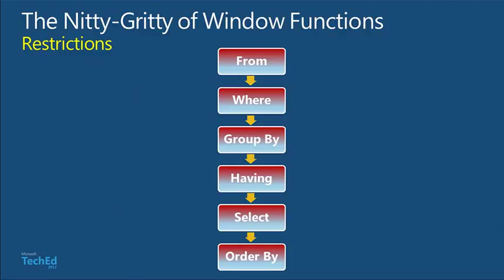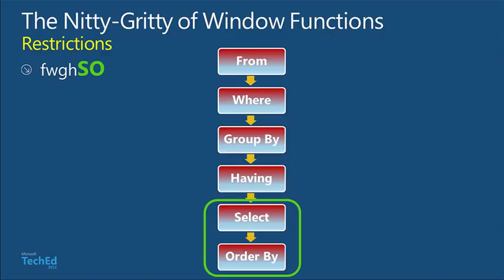Then GROUP BY, then HAVING, then SELECT, then ORDER BY. And under ORDER BY, we can have TOP, or the newest feature OFFSET FETCH, which also comes after ORDER BY, and if you use XML features, FOR XML will be under ORDER BY. But the important thing I want to focus on is that window functions can only appear in the SELECT and ORDER BY clauses.